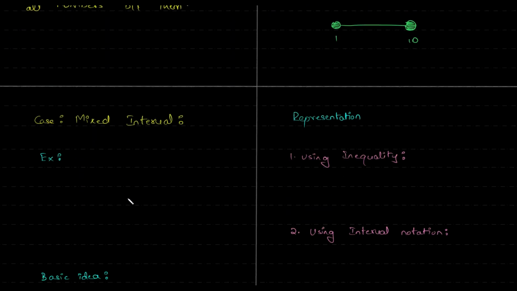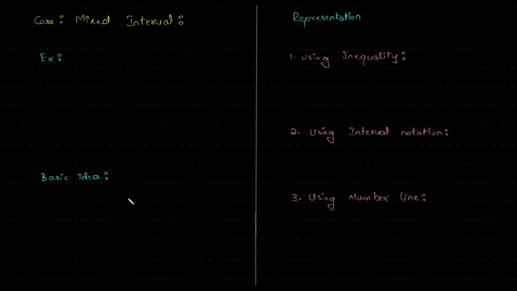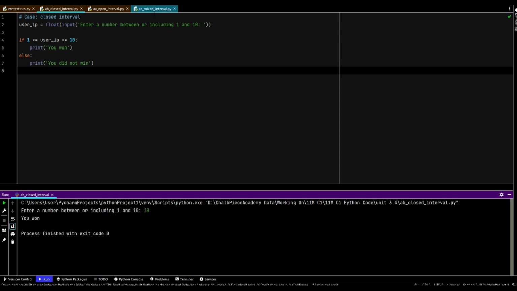Now, mixed. In mixed, you can have many variations. The one which I have included as part of this code is including 1 but not including 10.